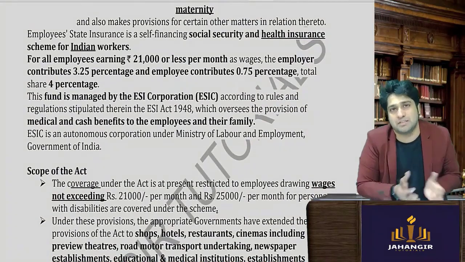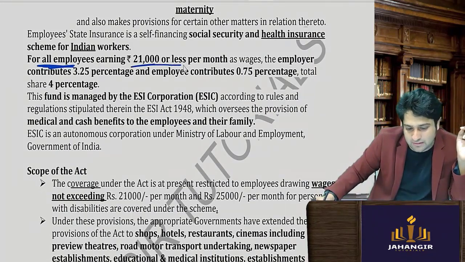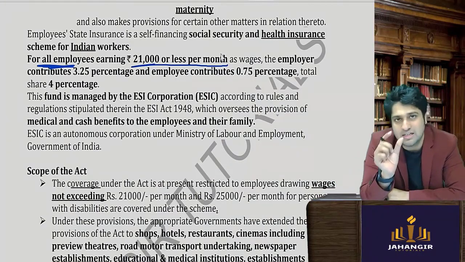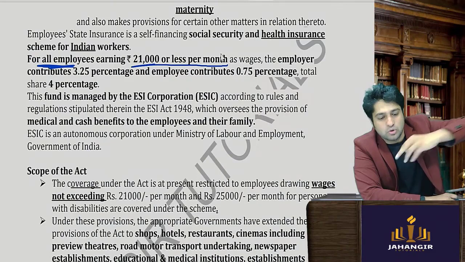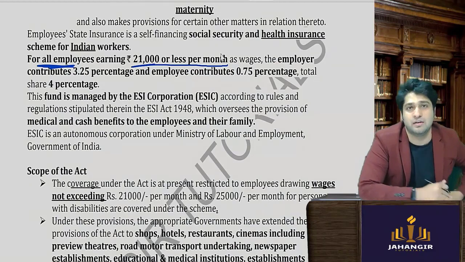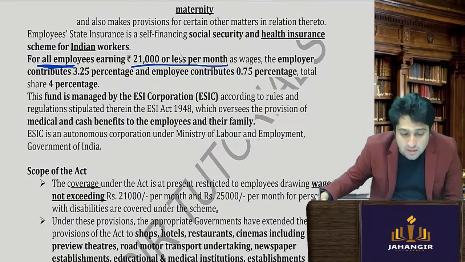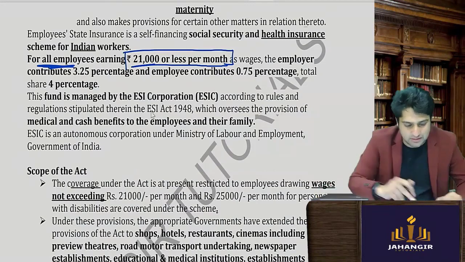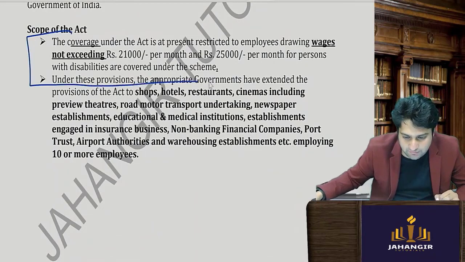Now who can come in this? For all employees who are earning up to 21,000 per month as wages, this insurance is provided, so that if there is an injury, sickness or maternity, we will give you certain benefits. Only employees up to 21,000 are covered. For those under a disablement, the limit is 25,000.